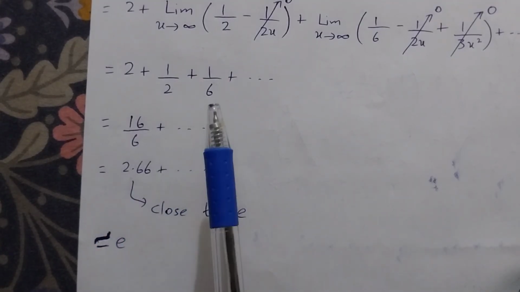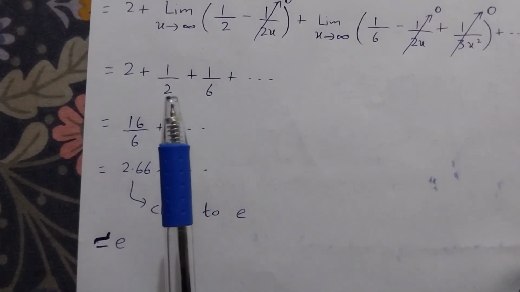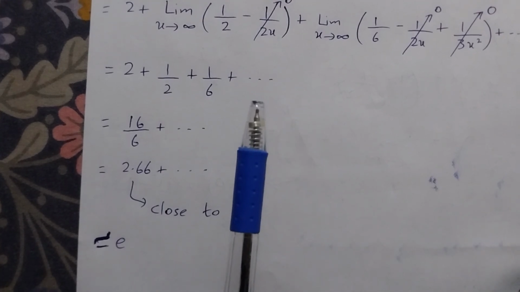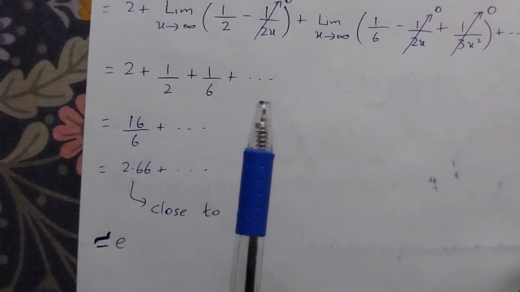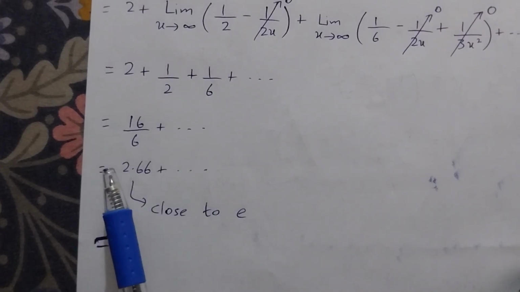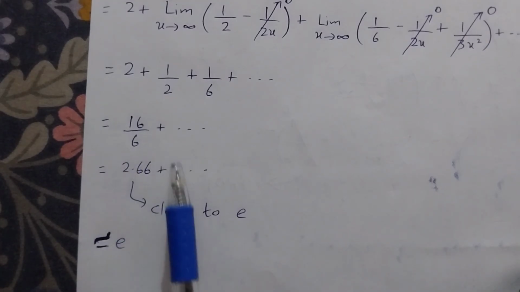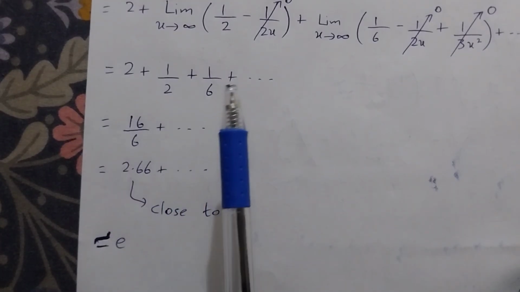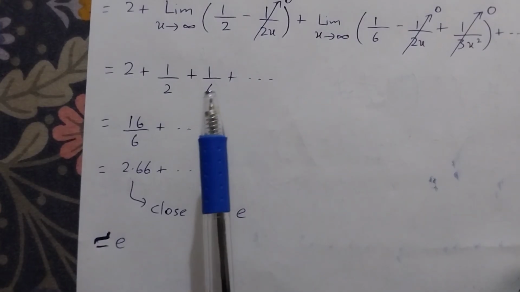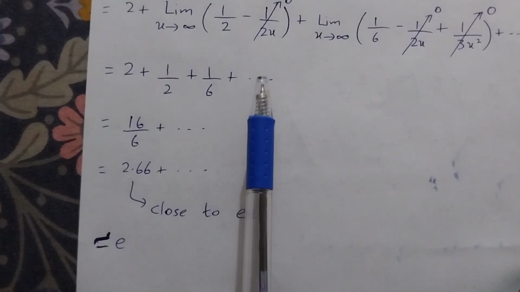We have written just 4 terms in this series: 1 plus nx plus n into n minus 1 over 2 factorial, x squared, plus n into n minus 1 into n minus 2 over 3 factorial, x cubed. So we have only used 4 terms, and still we are getting a result very close to e. If we had written more terms, those numbers would have become even smaller.